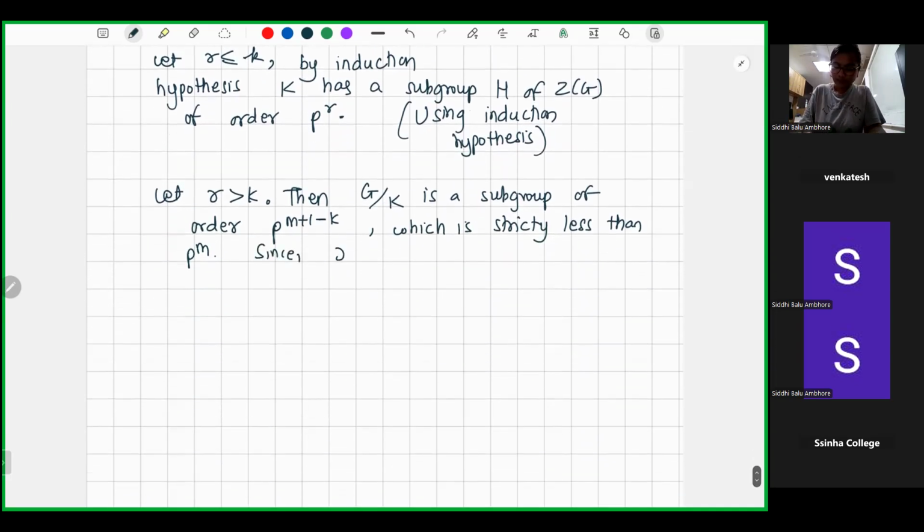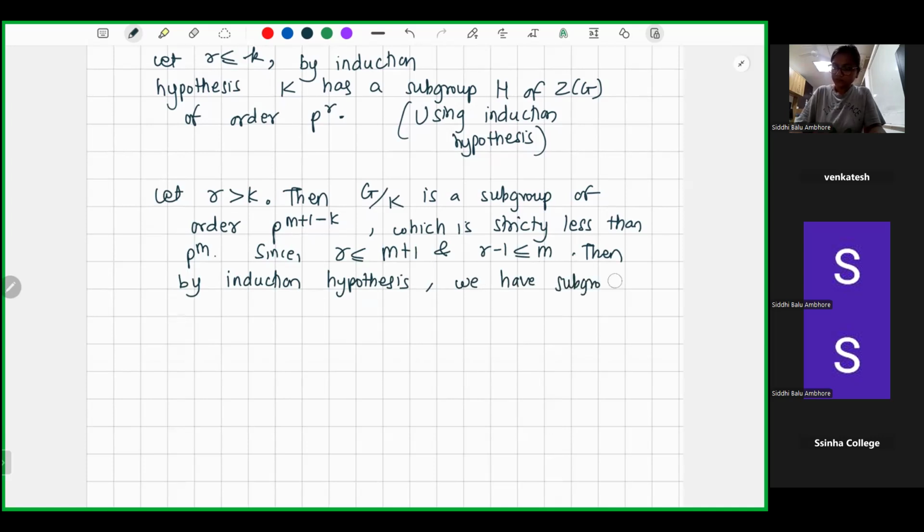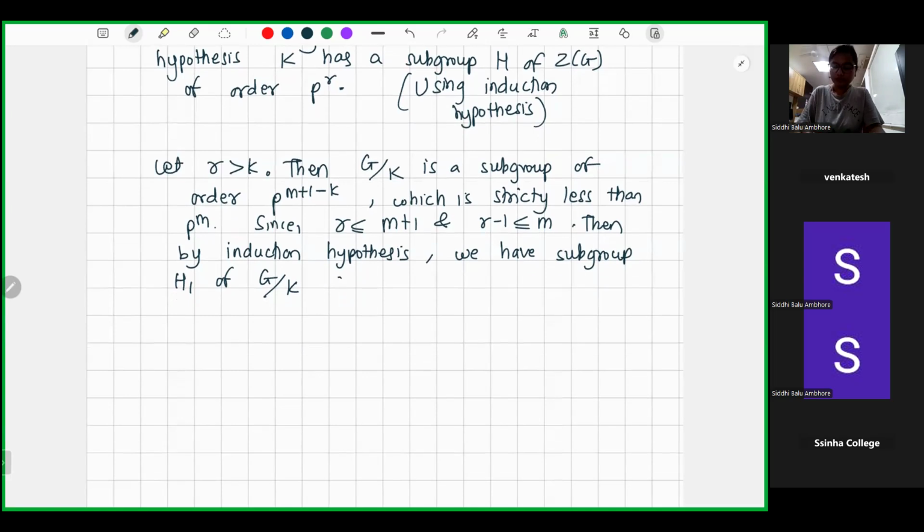And since r is less than or equal to m+1, and r minus k is less than or equal to m, by the induction hypothesis we have a subgroup H1 of G/K of order p^(r-k).